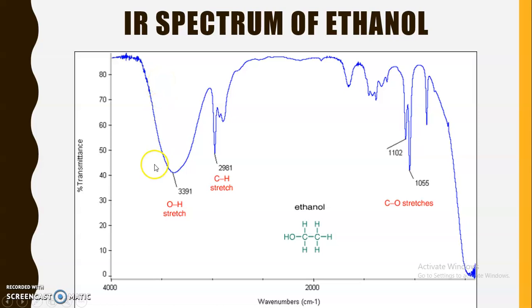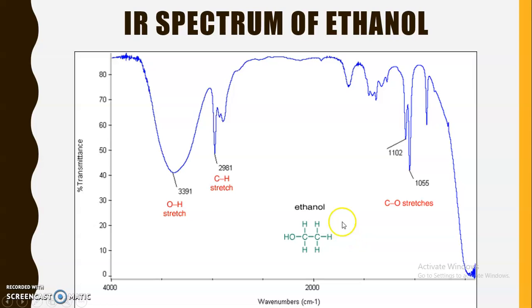But if you observe this number, 3391, the radiations with a wave number of 3391 are absorbed at about 40. This means there is 40% transmittance, so 60% of the radiations having the wave number 3391 are absorbed, and this absorption is due to the OH.